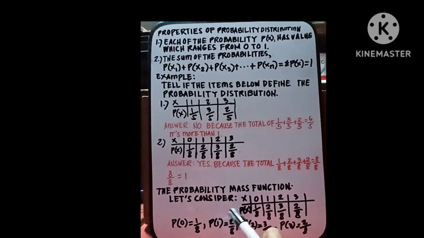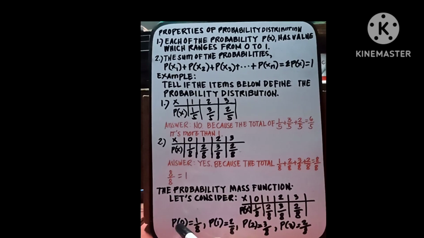Let's consider x as 0, 1, 2, 3, and its corresponding P of x is 1/8, 2/8, 3/8, and 2/8.